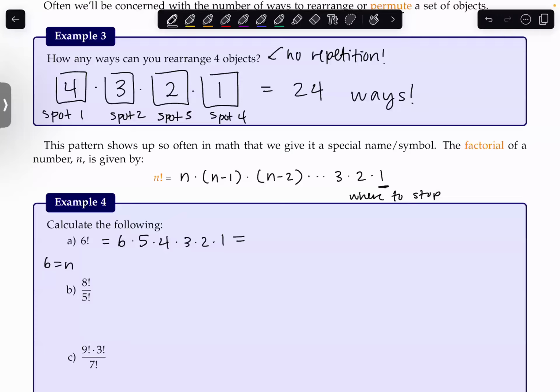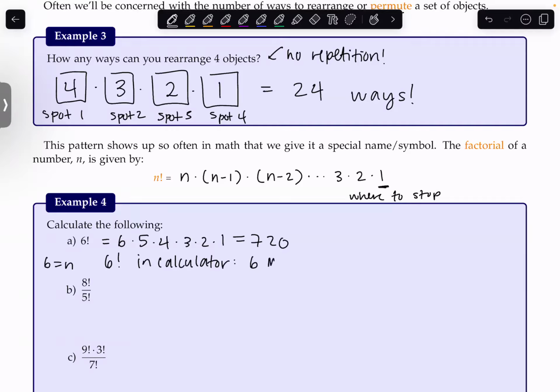Okay, and if I put this into my calculator, I'll get back 720. And in my calculator, if I want to do 6 factorial, the first thing I need to do is press my 6 number, and then I need to find my factorial button.